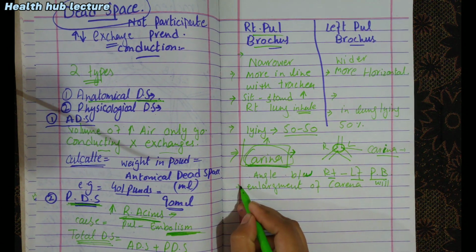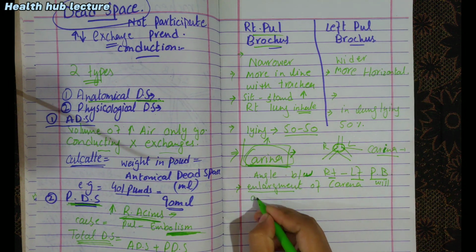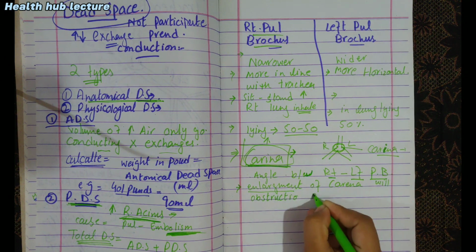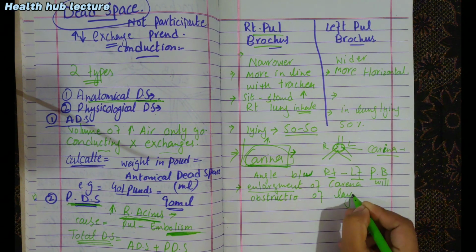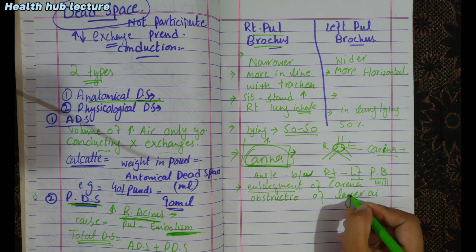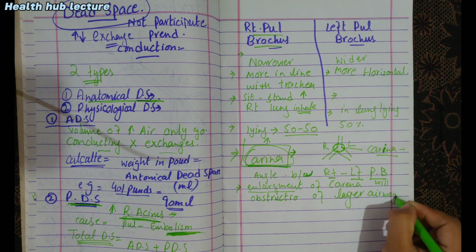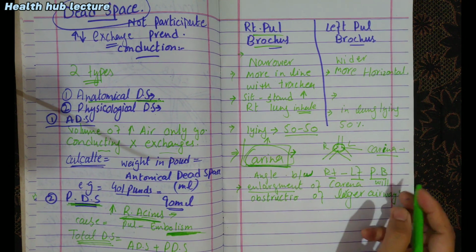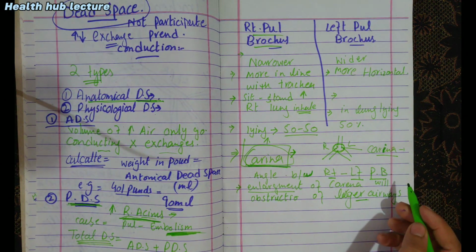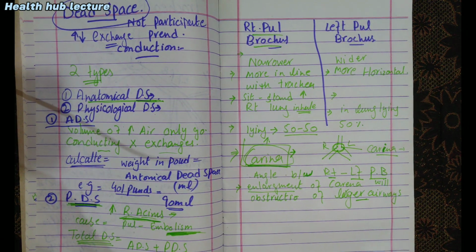And the enlargement of the carina will cause obstruction of the larger airways. These obstructions have two further types. Now we can explain these types.